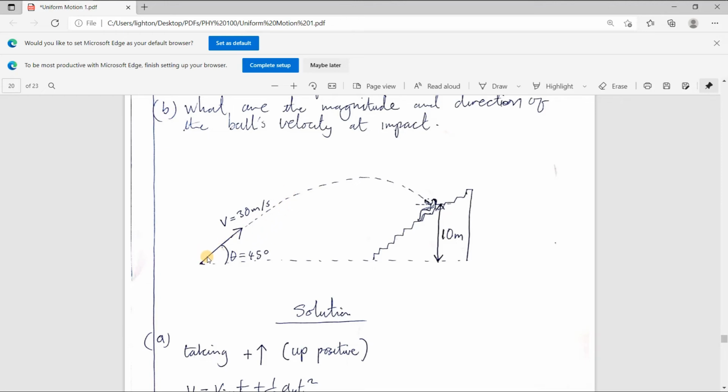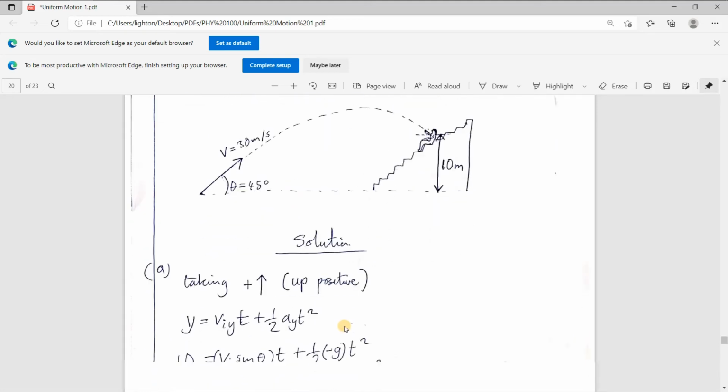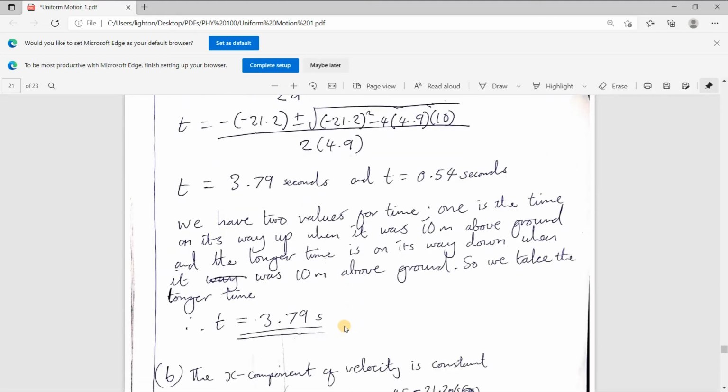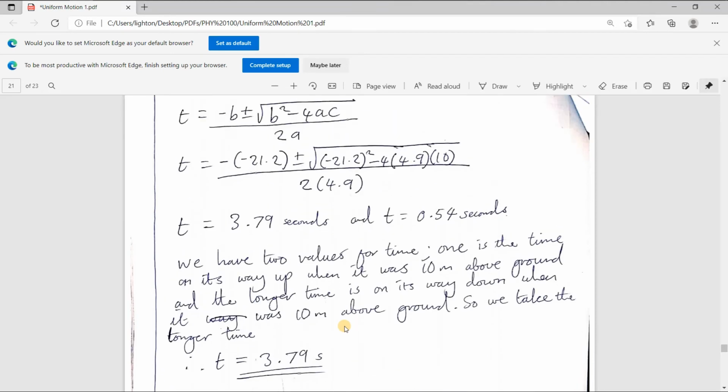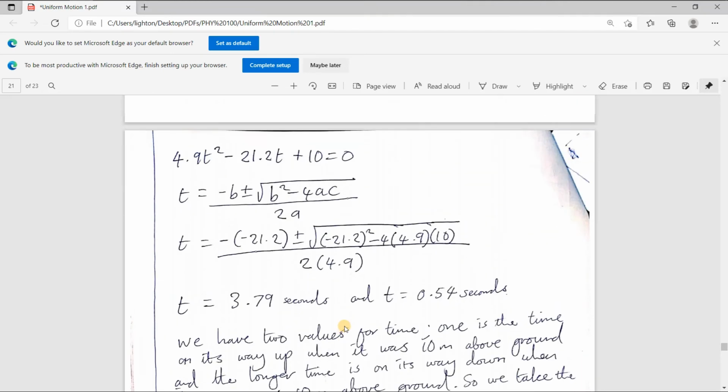So the first point at which it was 10 meters above the ground, it was on its way up. So this point at which it was first on its way up is the small time, which is 0.54 seconds. That's where we're having the 0.54 seconds.